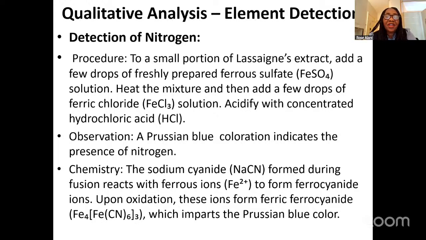If you have a Prussian blue coloration, this indicates the presence of nitrogen. The chemistry behind this is that sodium cyanide formed during fusion reacts with ferrous ions to form ferrocyanide ions. And upon oxidation, these ions form ferric ferrocyanide, which is the particular compound that imparts the Prussian blue color.